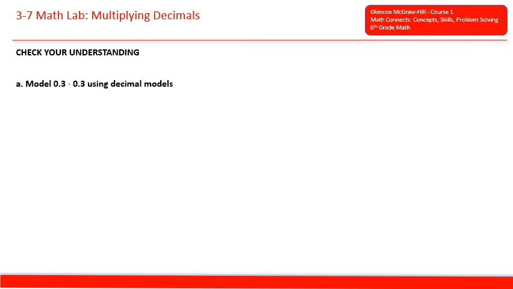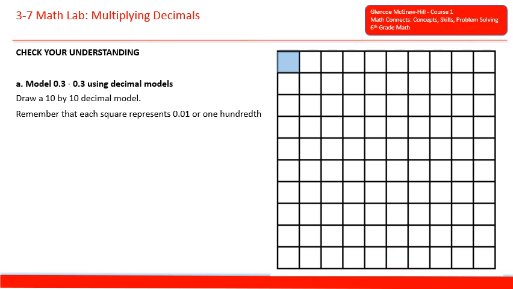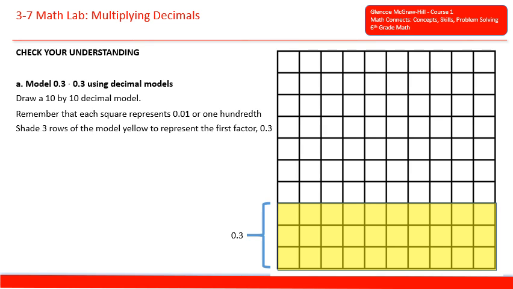Model 3/10 times 3/10 using decimal models. There's our model, 10 by 10. Each square represents 0.01 or 1/100th. Shade 3 rows of the model yellow to represent the first factor of 3/10.